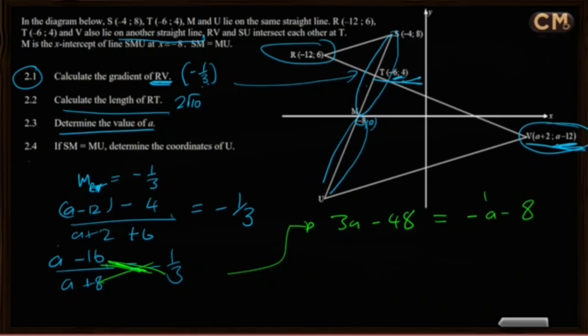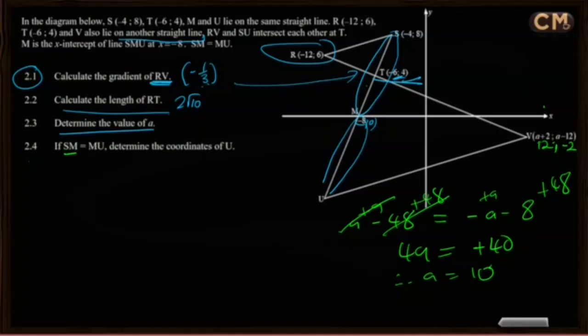Simplifying that, well, we need to add A to both sides. That gives us 4A, and of course we'll add 48 to both sides, so 4A equals 40. Therefore A is going to equal 10.